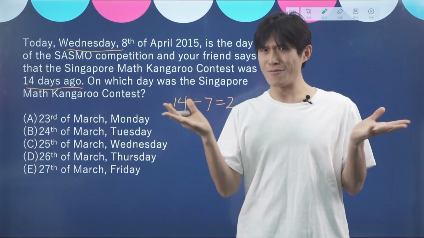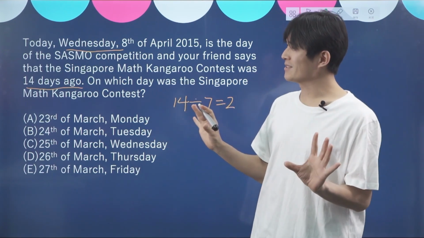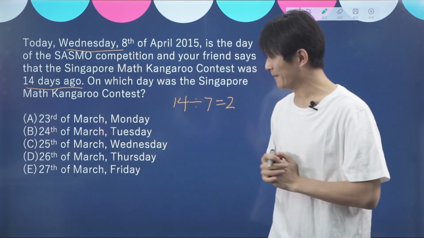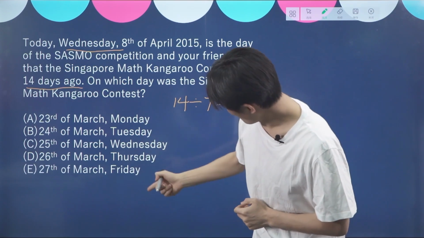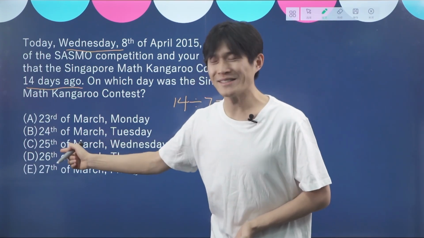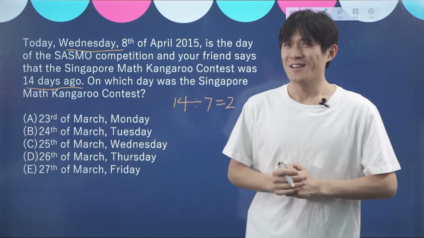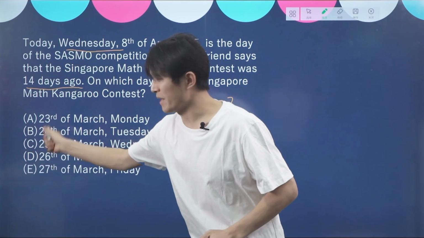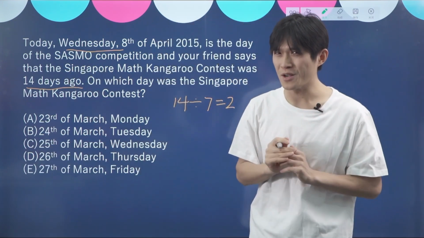There is no remainder. So that means 14 days ago, it's still Wednesday. Oh, we can quickly find it's option C. If you need to be in a hurry, maybe you can just pick this one and you will be correct.